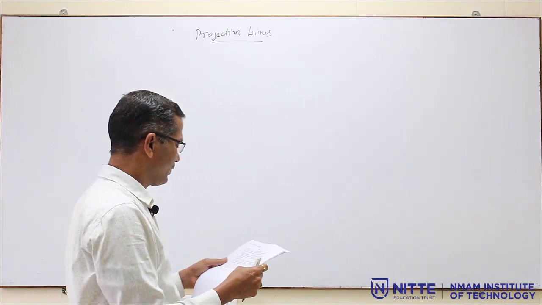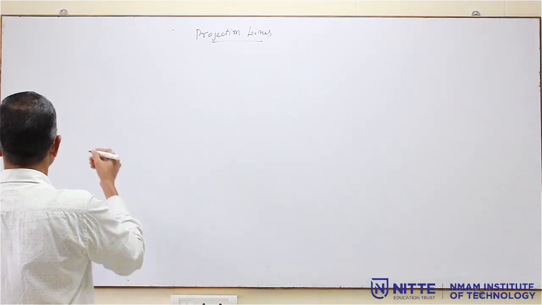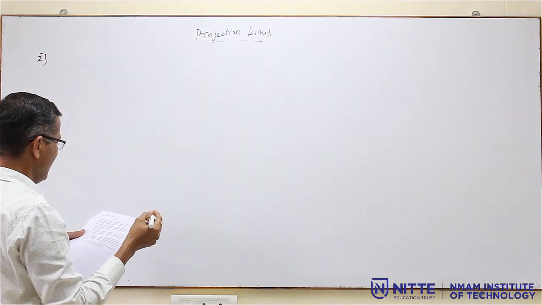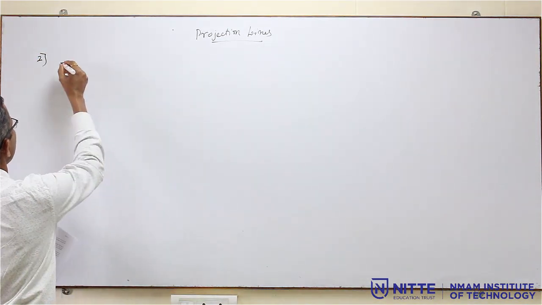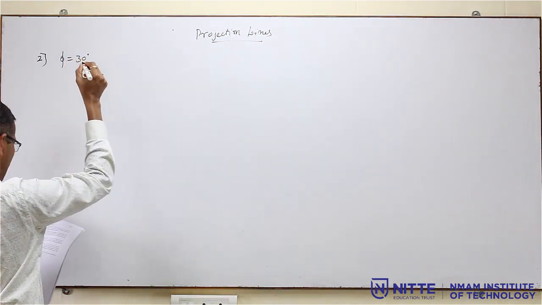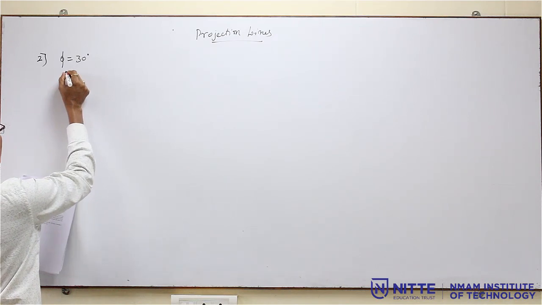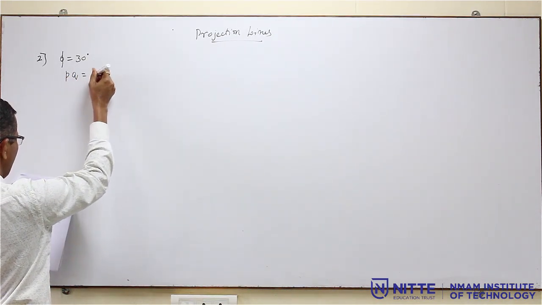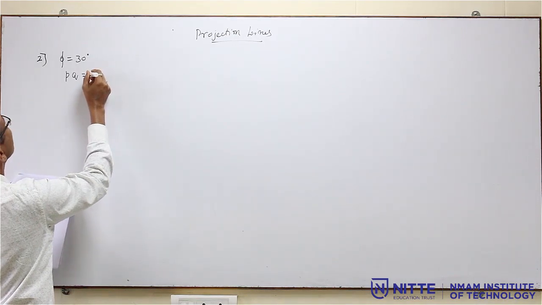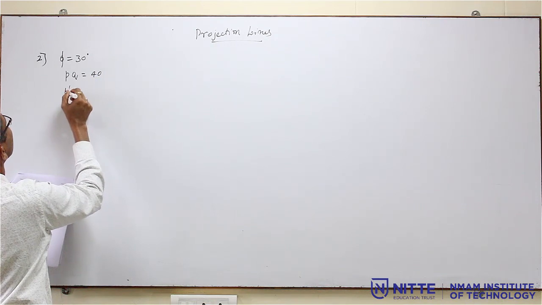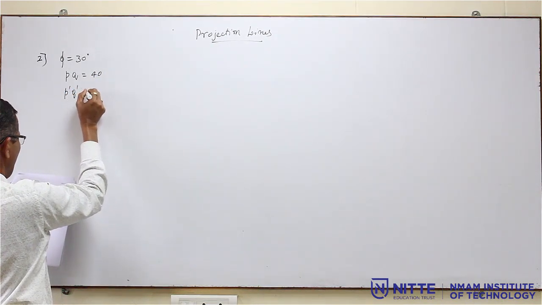Now, in the given data, the line is inclined at 30 degrees to VP, that means phi is given as 30 degrees. Then they told that PQ, the top view length, is 40 mm, and P dash Q dash, the front view, is equal to 50 mm.